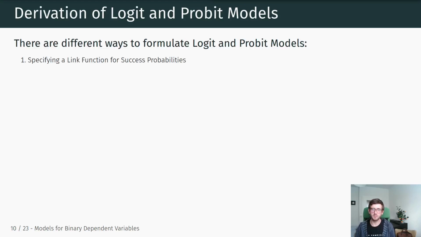One way I kind of hinted at in the discussion of the linear probability model, which is basically just focusing on this issue of modeling an underlying probability, where of course we shouldn't have out of bounds predictions, so we shouldn't have probabilities that are smaller than 0 or larger than 1, right? And so in order to do that, we have to specify a link function for these modeled success probabilities, right?